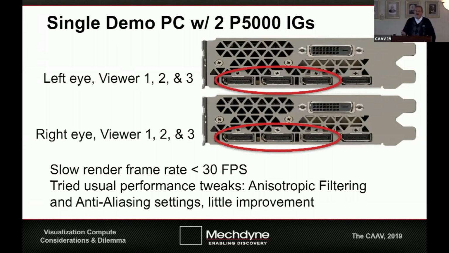So there are a lot of tricks and tweaks to try and improve that frame rate, which will cost you some fidelity in what you're trying to display. Things like anisotropic filtering or anti-aliasing do have settings that you can raise or lower to improve performance.